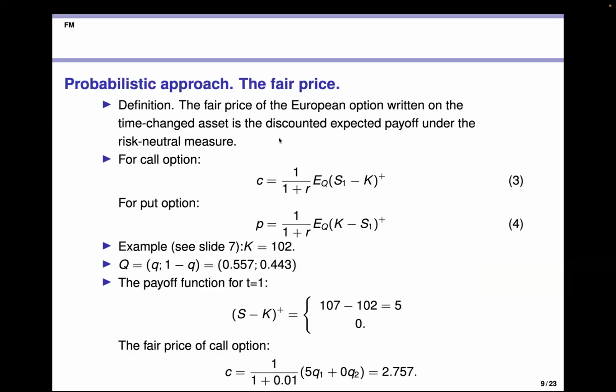What about derivatives and their fair price? The fair price of the derivatives, we can find as the discounted expected payoff from a call or put option, some mathematical expectation. So if the payoff is, for example, 5 and 0, and we know the probability of the up scenario and of the down scenario, we just multiply 5 by this plus 0 by this.